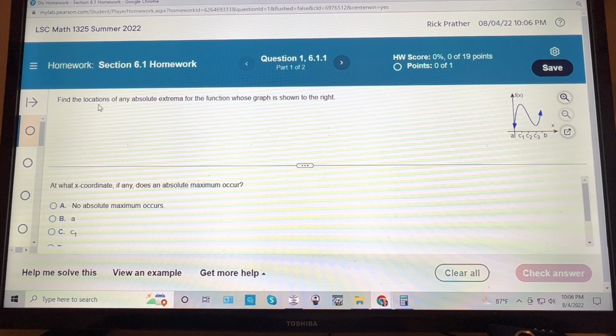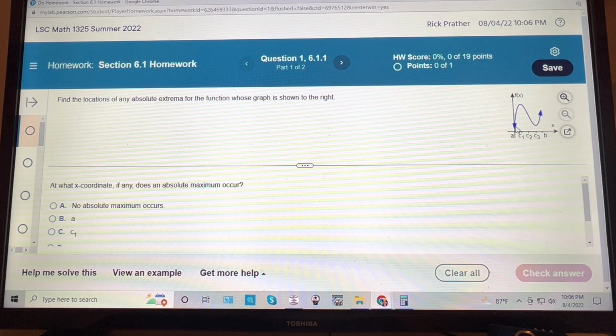Find the location of any absolute extrema for the function whose graph is shown to the right. At what x-coordinate, if any, does an absolute maximum occur? Okay, so two things here. If you have a function that has an interval given, like if they say it only goes from A to B, and I don't know if that's the case here because these arrows are a little misleading.